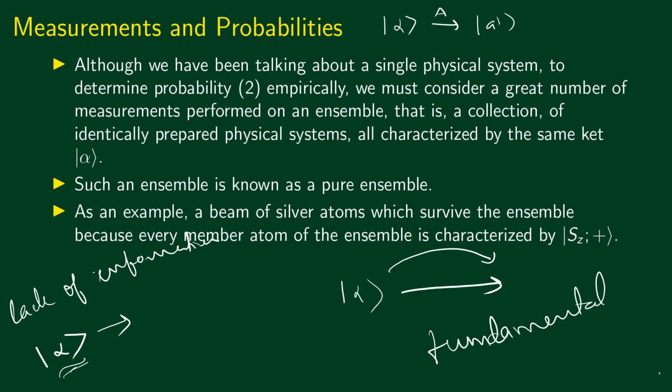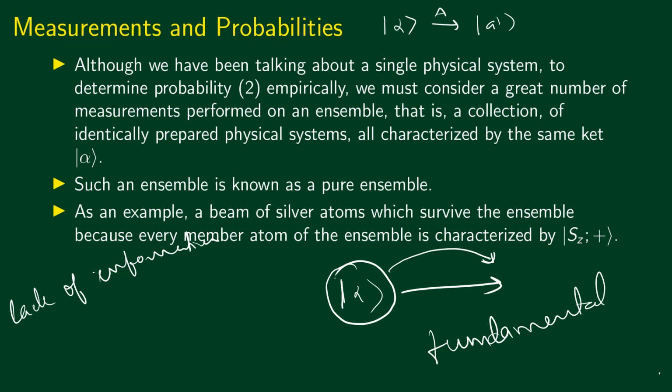Of course, you will have quantum statistical mechanics. In that case, you may not know the state of the system exactly, and you may have to introduce probabilities just like we do in classical mechanics. But still there is a deeper layer of probabilities which exists even if you know the state in all its details. So this is something that makes quantum mechanics different.